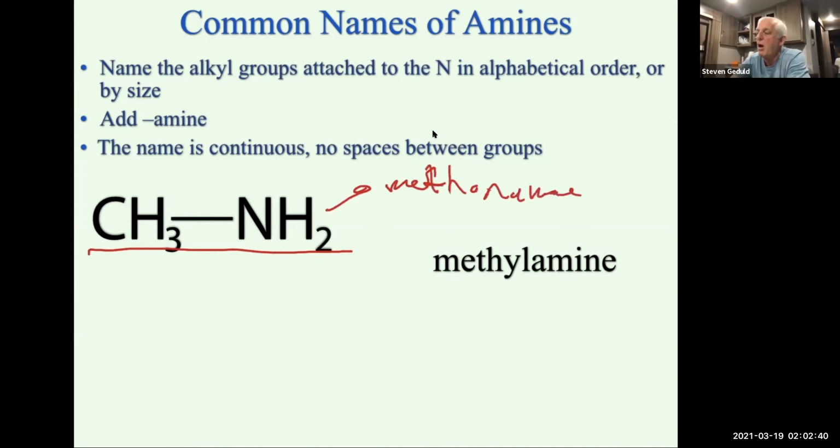With common names, you're going to name the substituent, so methylamine. We just name it with the YL ending. The IUPAC was methanamine; when we're naming common names, we just name everything as a substituent, so it would be methylamine.